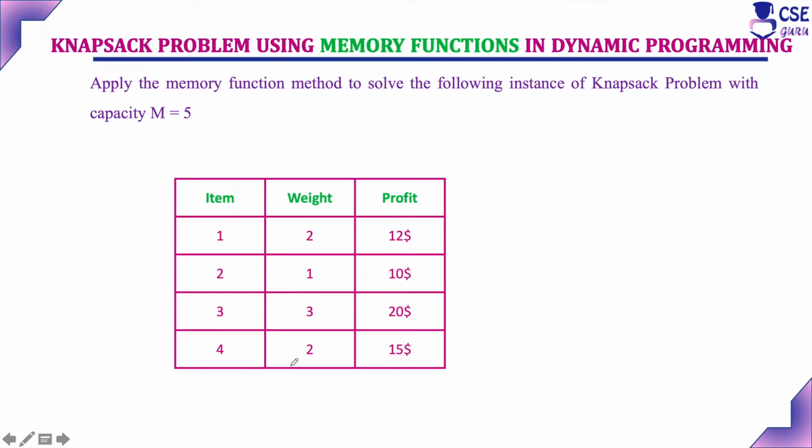So now we will discuss one problem. The problem is: apply the memory function method to solve the following instance of the knapsack problem with the maximum capacity m equal to 5. And they have given 4 items with their corresponding weights and profits.